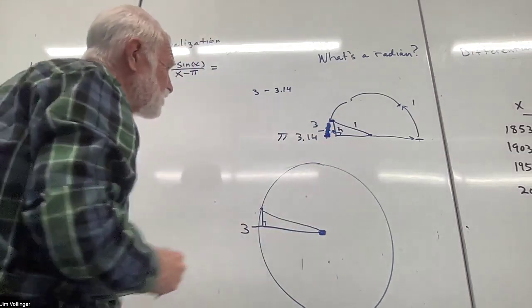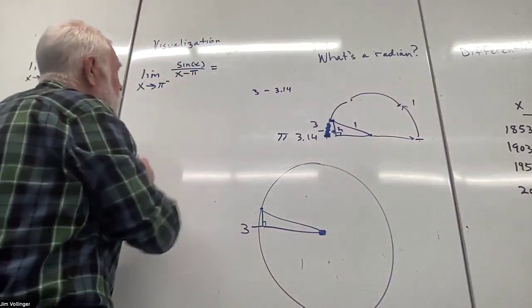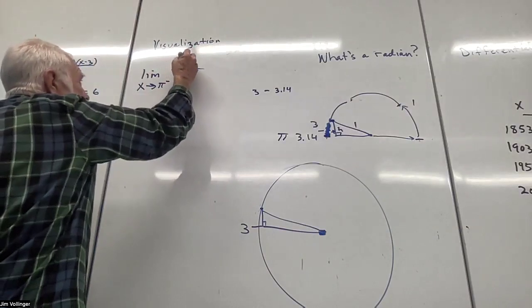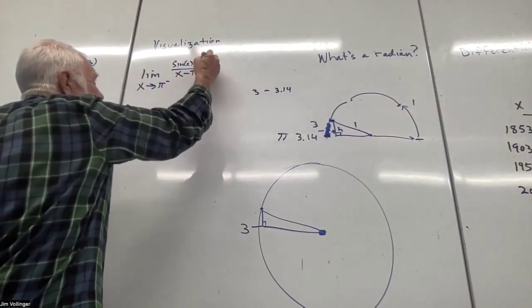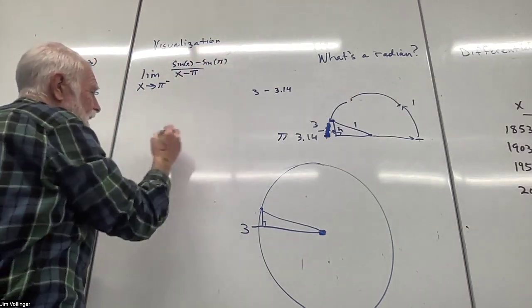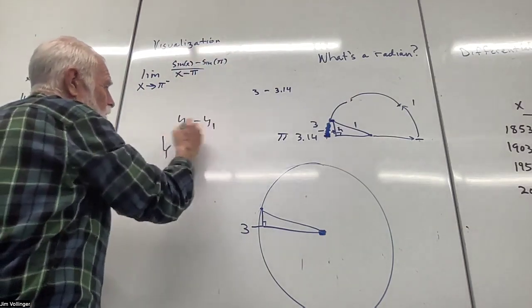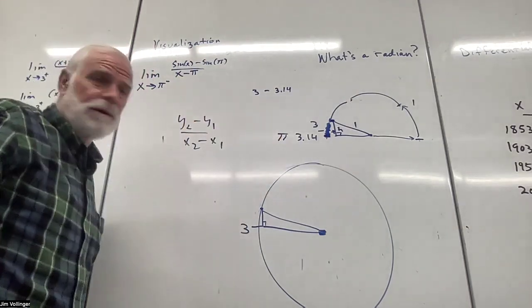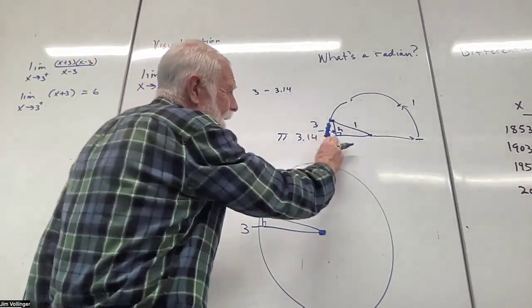And let's look at the sine function here, because what you're really looking at is the sine of x minus the sine of pi, which is exactly what we did in the last one, y2 minus y1 over x2 minus x1. But we're kind of looking at it pictorially, right? And I had to get a little gap here.